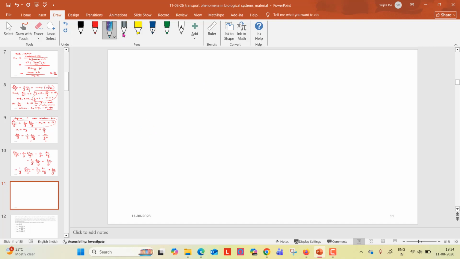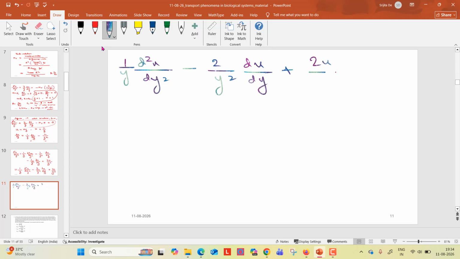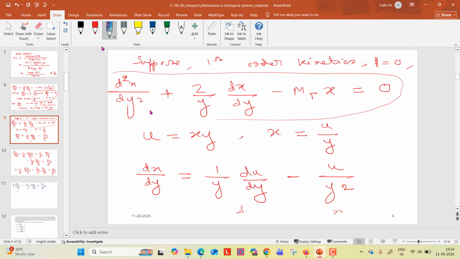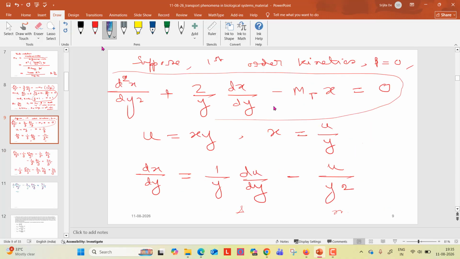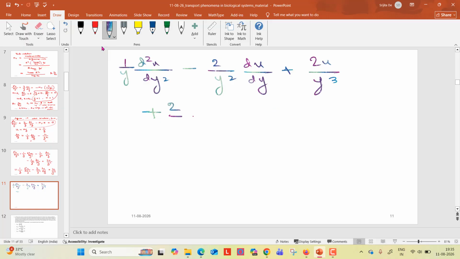So it will be 2/y square du/dy as the first term, and the second term will be minus 2u/y cube. And the last term, mtx was there, so we will write x as u/y, equals 0.